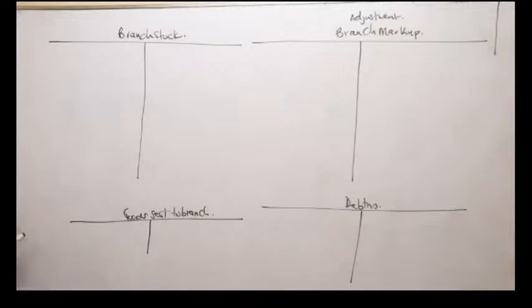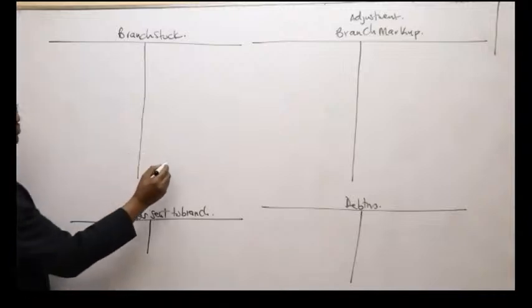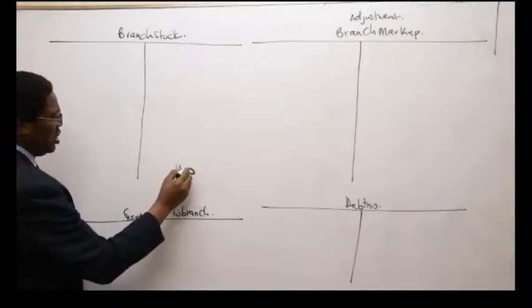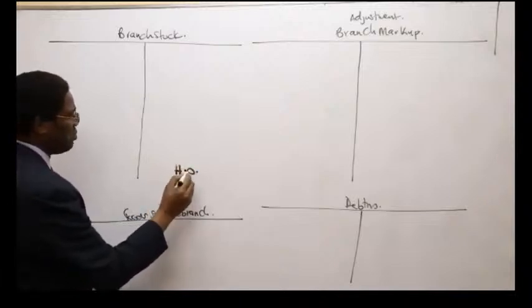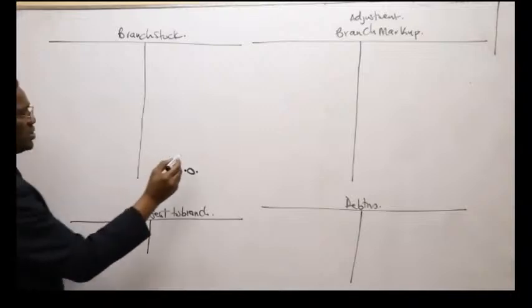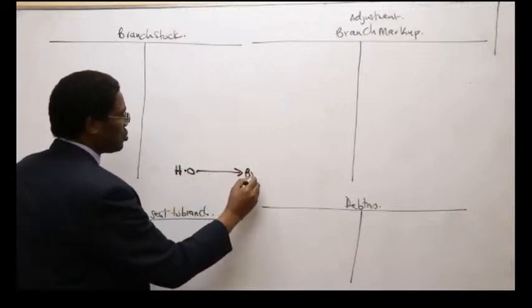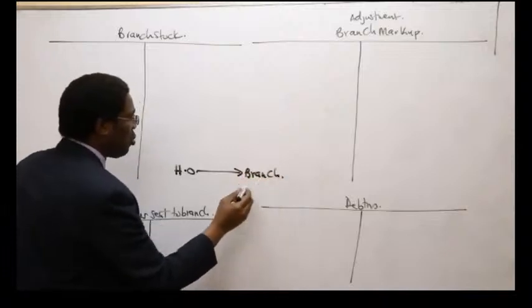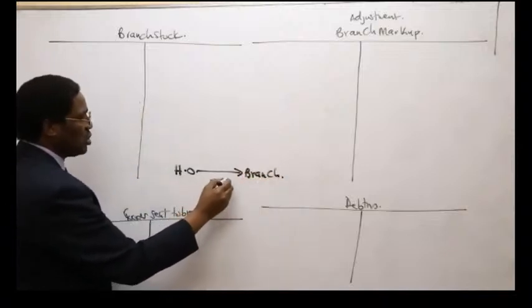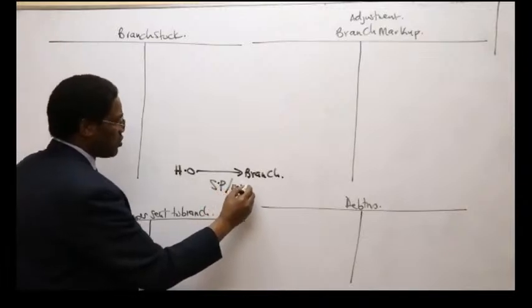Now, normally, every time the head office sends goods to the branch, it sends them at what we call the selling price, or the invoice price.